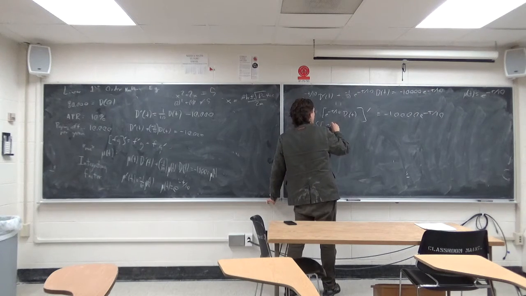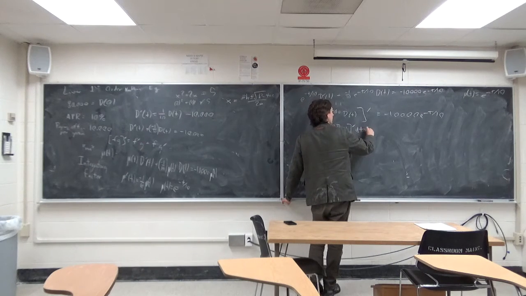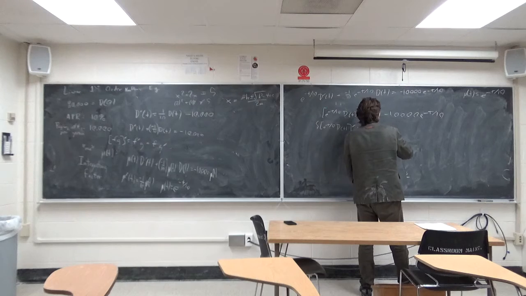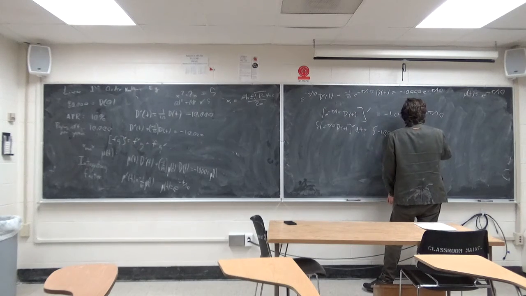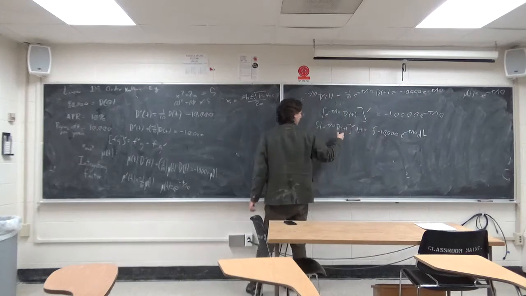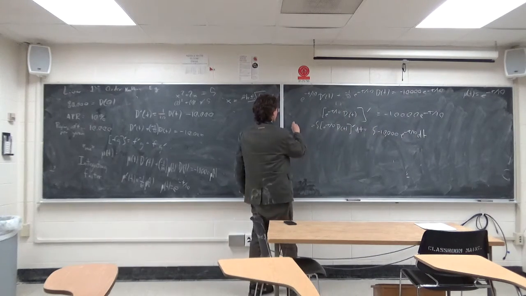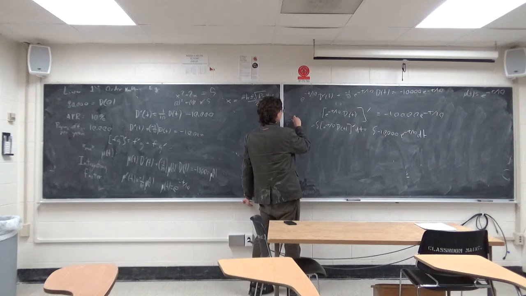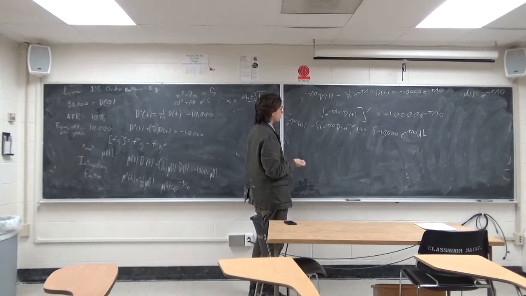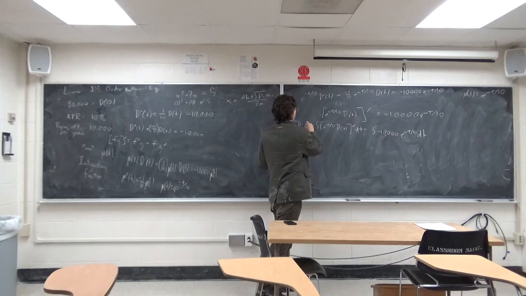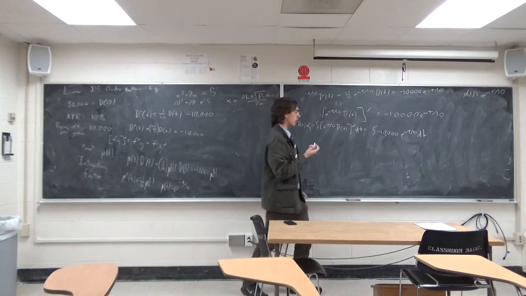The integral of e to the negative t over 10 d(t) dt equals the integral of negative 10,000 e to the negative t over 10 dt. What do I get over here? Well, hey, the integral of the derivative is just the same thing: e to the negative t over 10 d(t). And by the way, I get a constant out of this. I'm going to call it C1 for a reason that'll be obvious in a second.